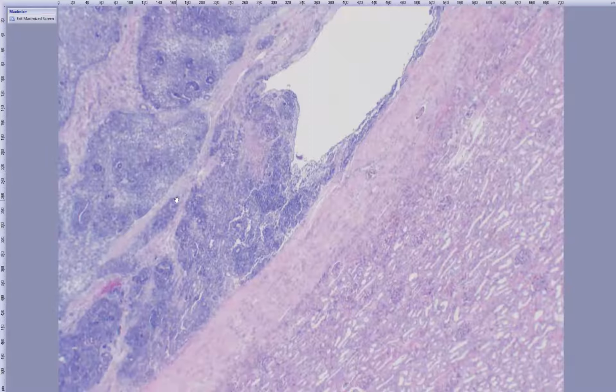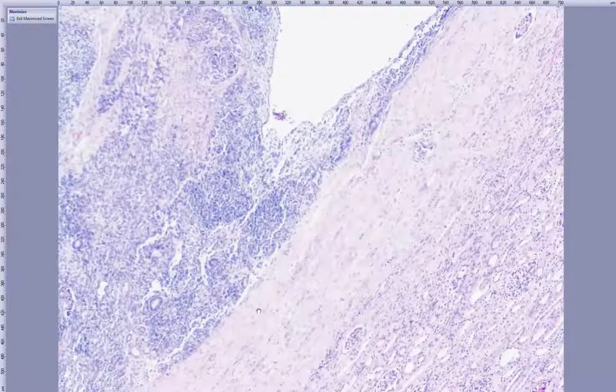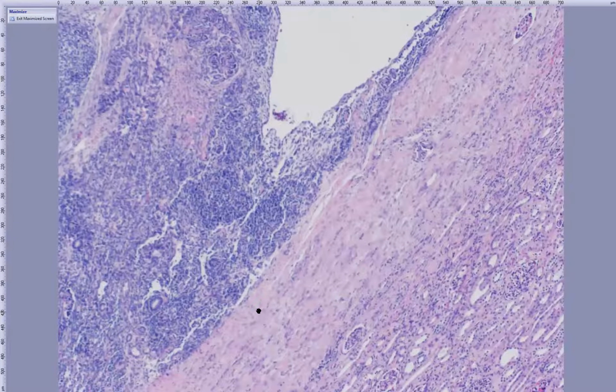And then we've got some stuff that's clearly not normal kidney. And they're separated from each other by this almost fibrous pseudo-capsule, if you will. We're going to get a little bit higher so that you can see the really clear demarcation of tumor from normal kidney with this fibrous capsule in the middle.